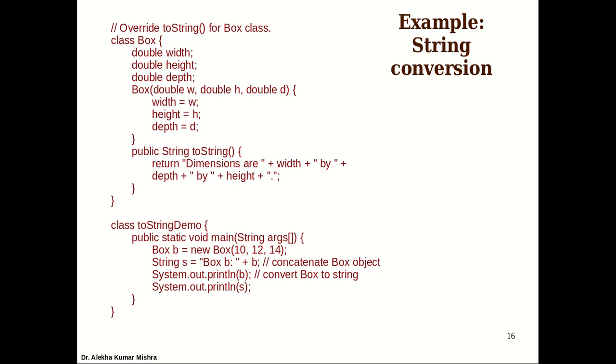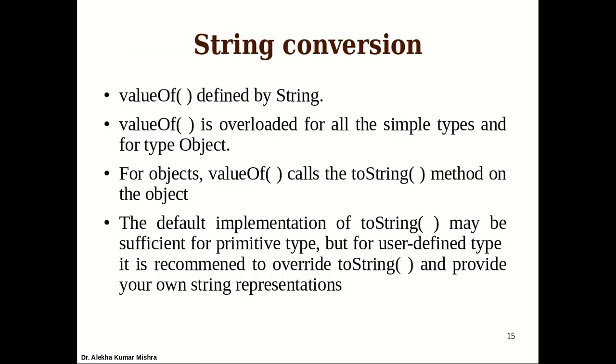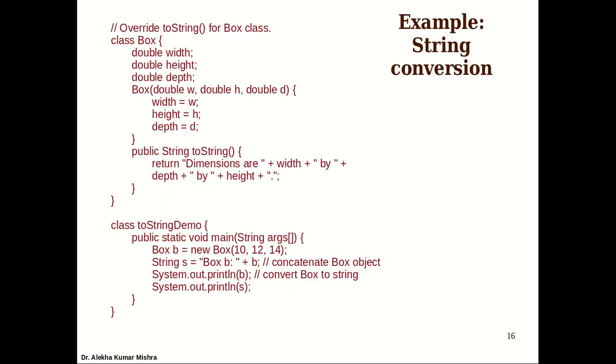For a built-in type, we can use valueOf on the string to get the value. But for a user-defined class like Box, we cannot assume that these things will be done automatically. For that we have to define it.